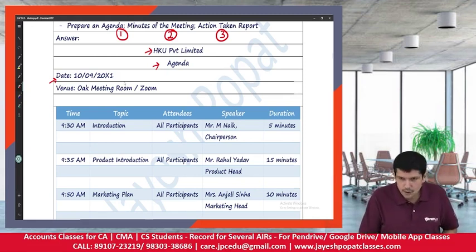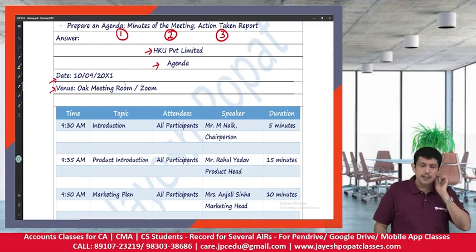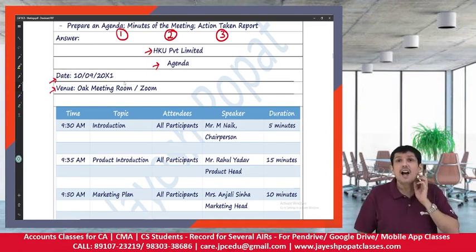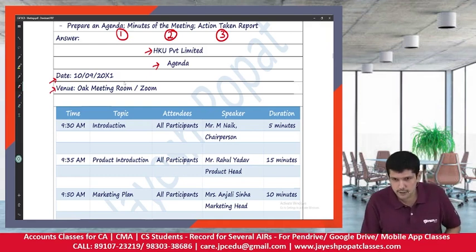Then you need to put the venue where the meeting is supposed to take place. You could say at the corporate office, but now these corporate offices have very fancy names for their meeting rooms. So we have put in the name Oak Meeting Room.